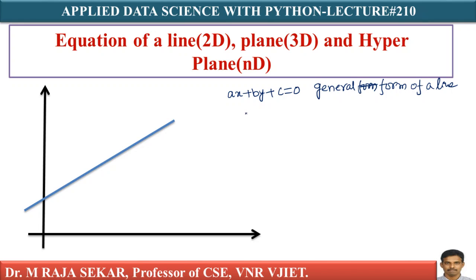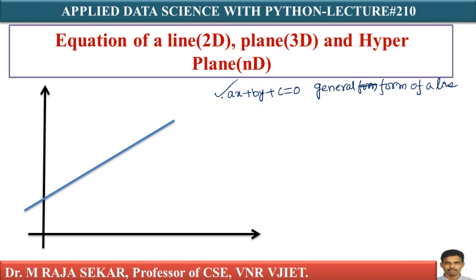We will stick to this notation. Instead of y equal to mx plus c, I will stick to this particular notation, ax plus by plus c equal to 0. This is much more general, isn't it?